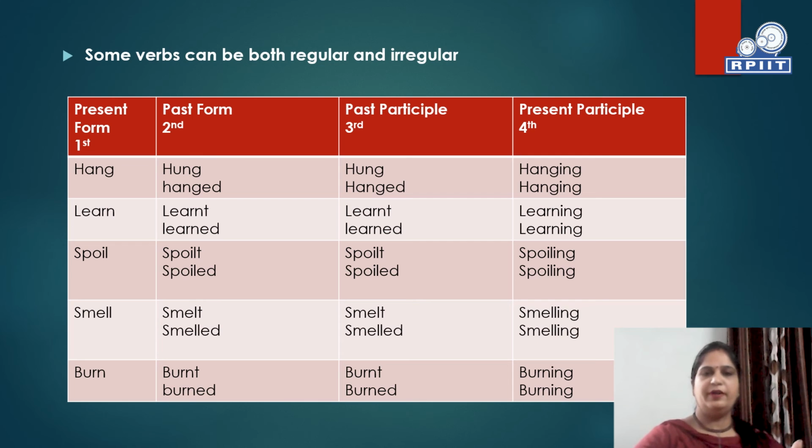Spoil, spoilt, spoilt is irregular verb; spoiled, spoiled is regular verb. Smell, smelt, smelt is irregular verb; smelled, smelled is regular verb. Burn, burnt, burnt; burn, burned, burned. So these are some examples which can be both regular or irregular verbs.